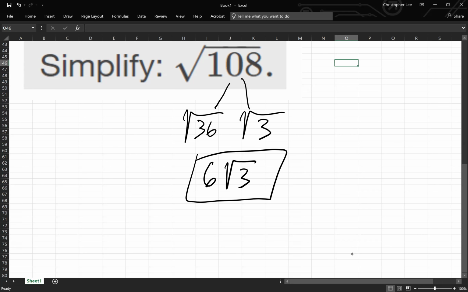So go ahead. Not 2. You could use 4, but not 2. It has to be a perfect square, you know? Yeah. Exactly. And that's it.